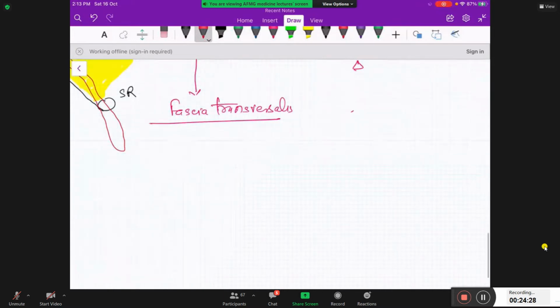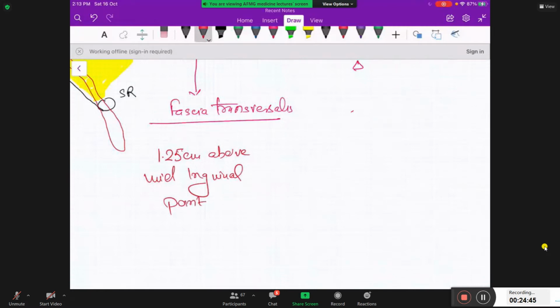The deep ring lies 1.25 centimeter above the mid-inguinal point. This is a very commonly asked question in your exam.